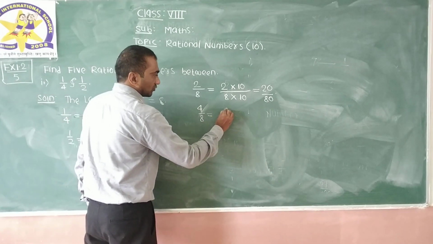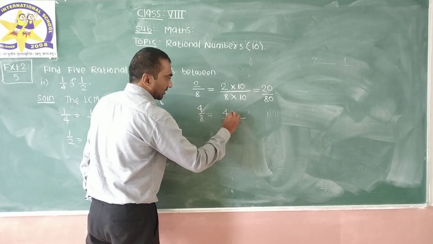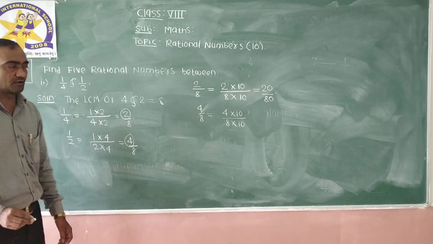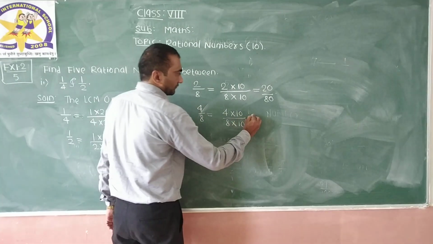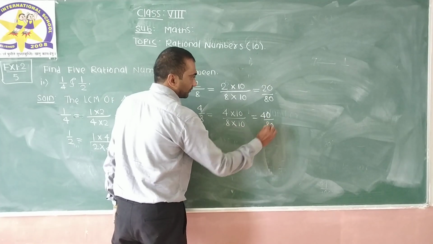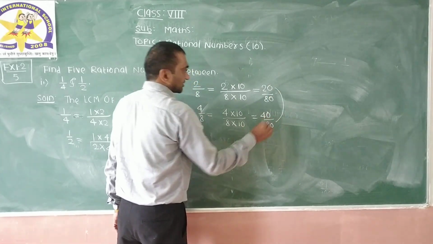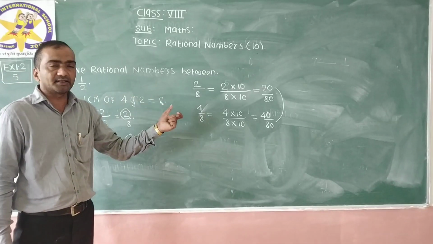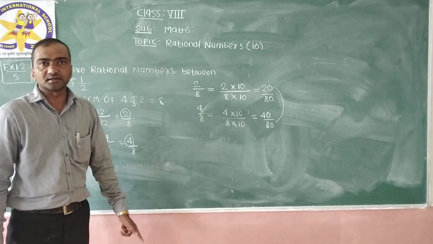Again multiply numerator and denominator by 10. So we can convert their denominators equal to 80. 4 into 10, 40, divided by 8 into 10, 80. Now here we can easily find 5 rational numbers between 20 by 80 and 40 by 80.